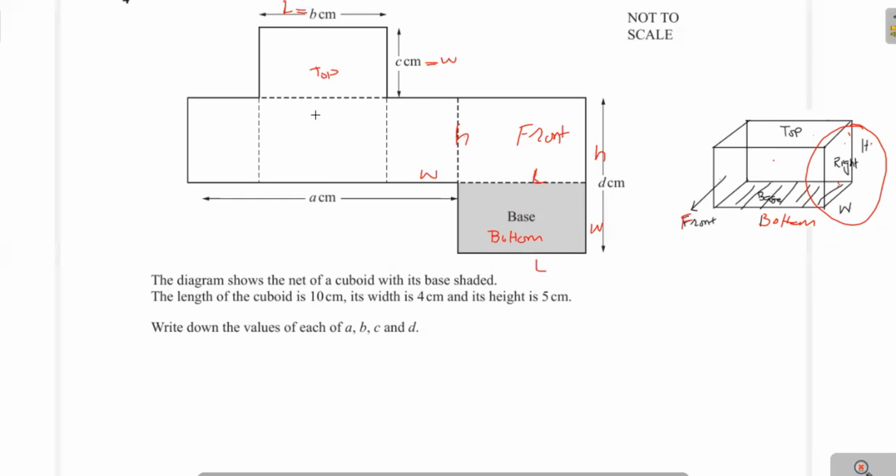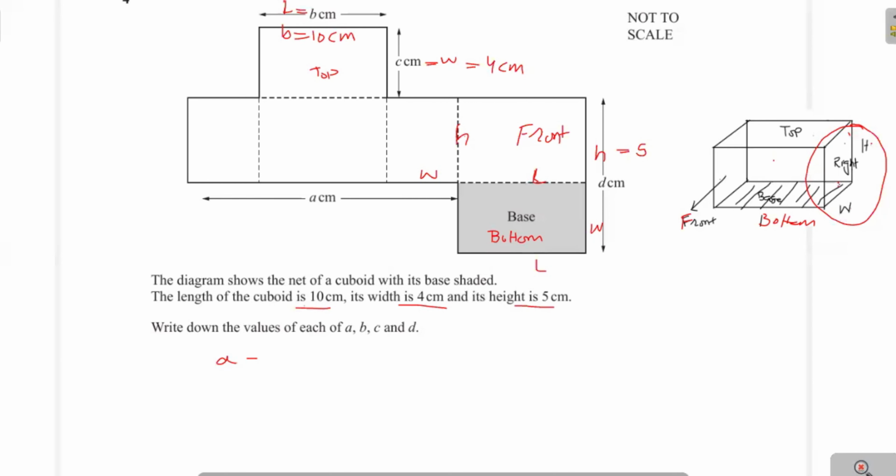After mentioning these dimensions, you see here the length of the cuboid is 10 centimeter. Therefore, we write here B equal to 10 centimeter. The width is 4 centimeter and the height is 5 centimeter. Now we can calculate the lengths of A, B, C, and D.